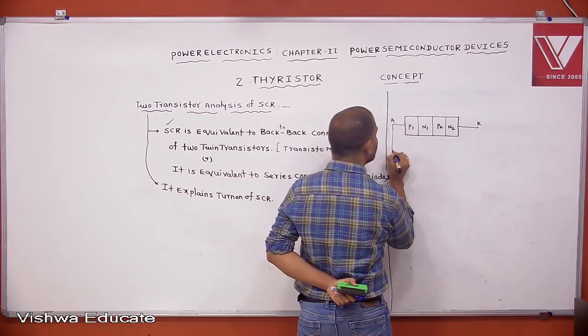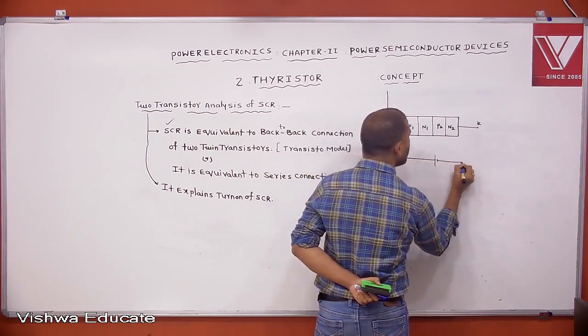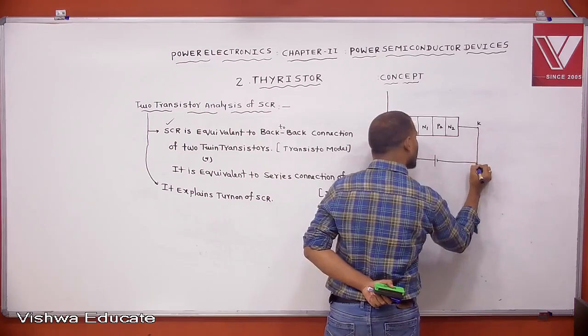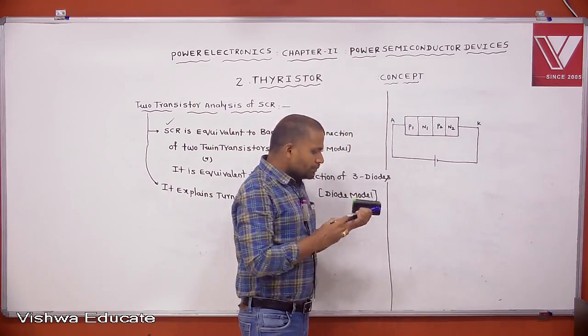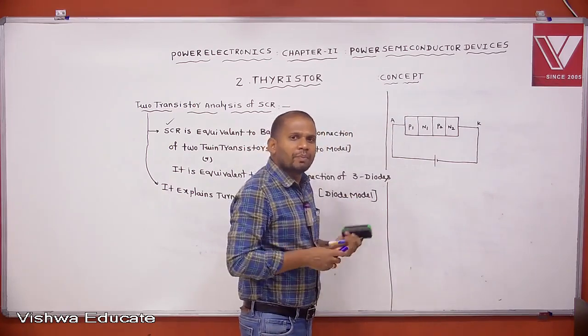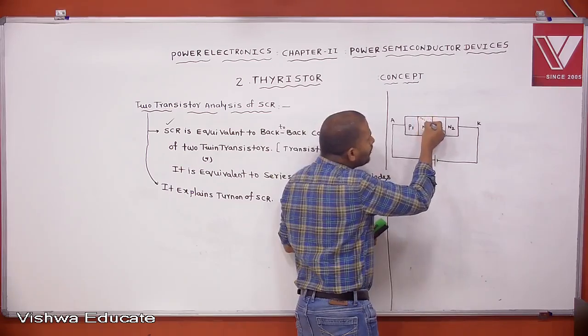If SCR is under forward blocking mode, it means the anode is connected to the positive plate and the cathode is connected to the negative plate. Okay.